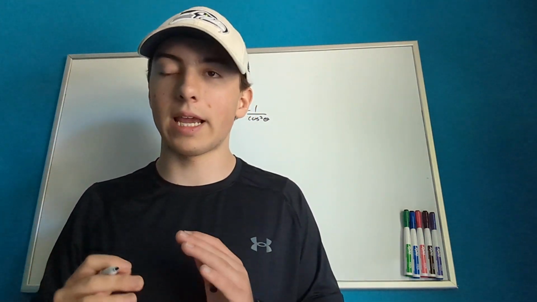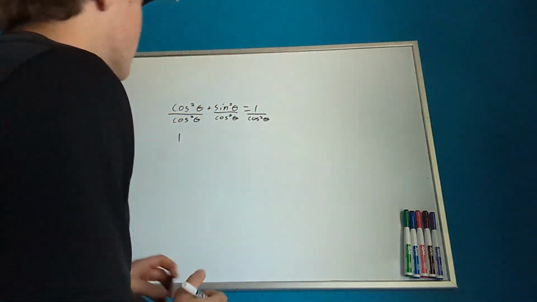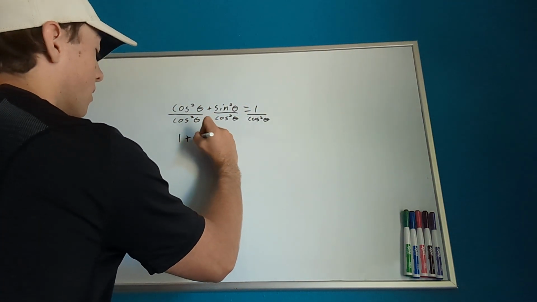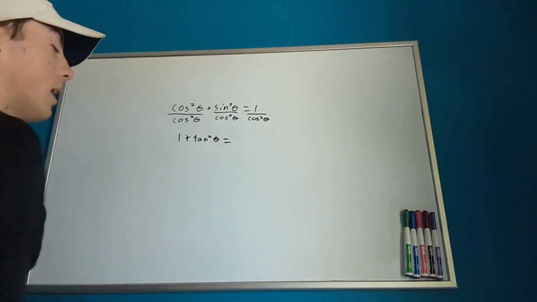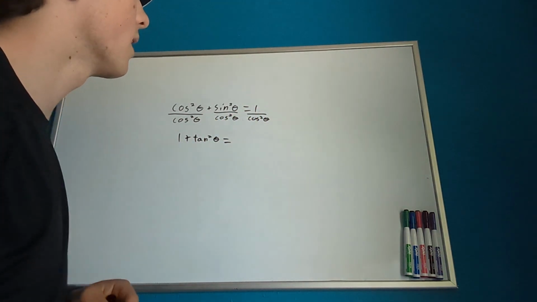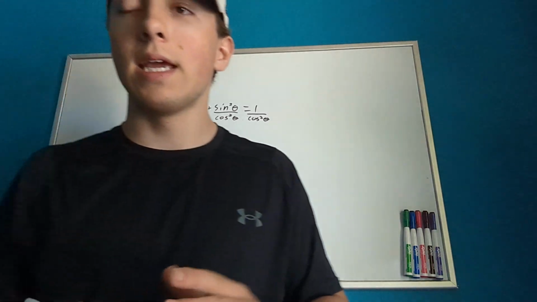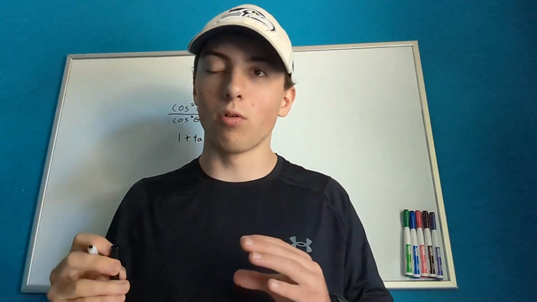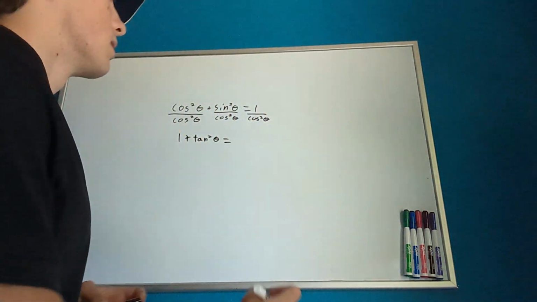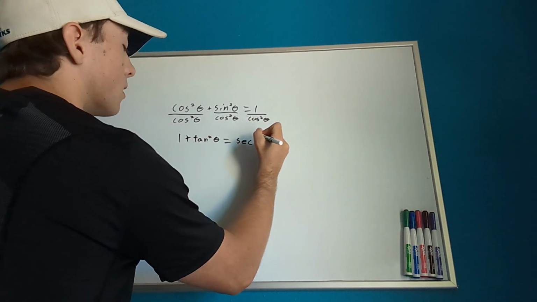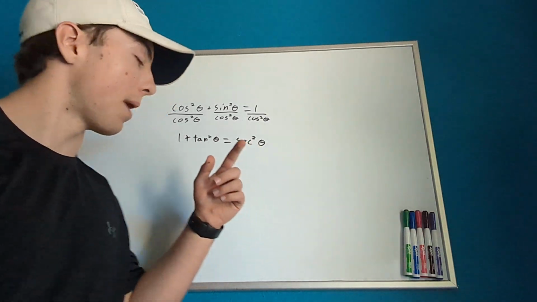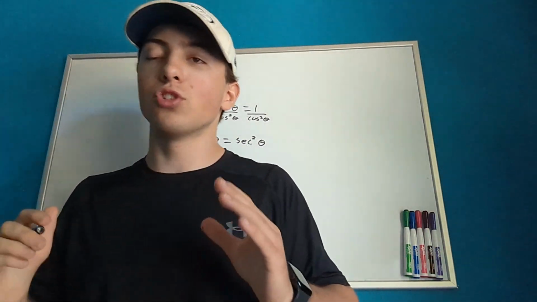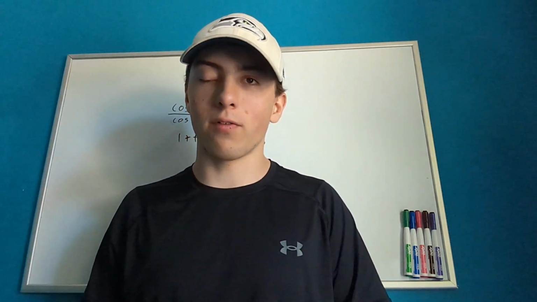Sine over cosine is tangent, but now we have the squared, so this is tan squared of theta, equals, well, this. 1 over cosine is the same thing as secant, but now we have cosine squared, so this is secant squared of theta. And that's why you don't really need to memorize the other identities. If you just know sine squared plus cosine squared equals 1, you can figure the rest of them out from that.